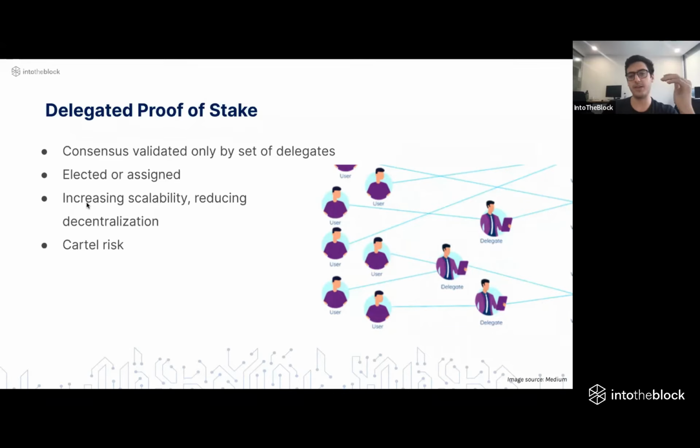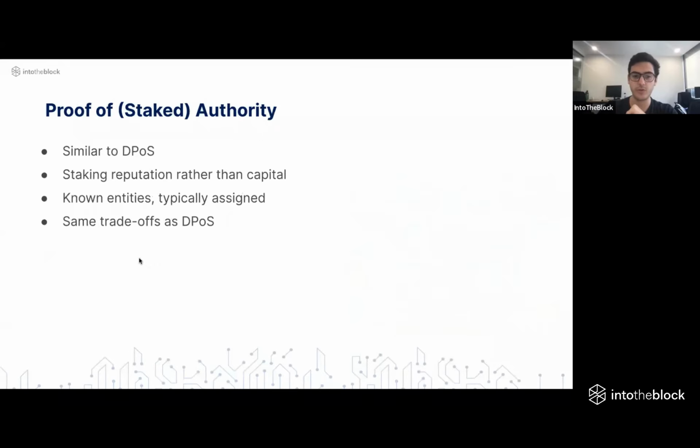And because these transactions have to be validated by fewer people, just the delegates and not all the nodes and users, this reduces the costs, making it more scalable. But as you can imagine, it also makes it more centralized, since you end up relying on a few nodes rather than a myriad of users participating. So this creates the risk of cartels developing. And we saw that with EOS block producers, which of course didn't end up too well for the protocol.